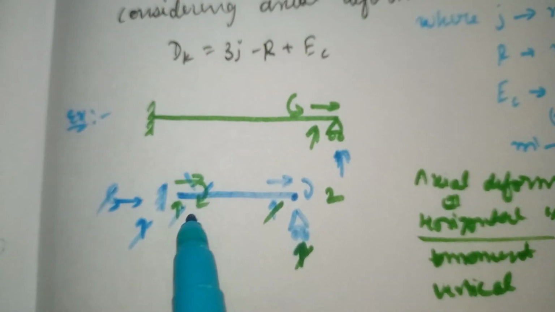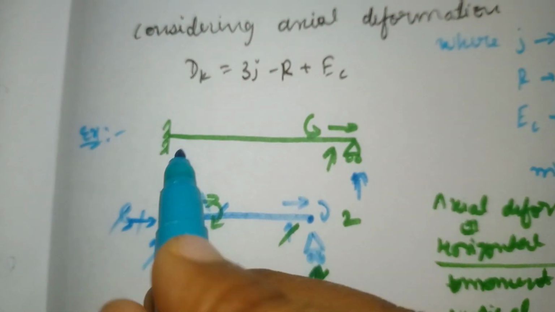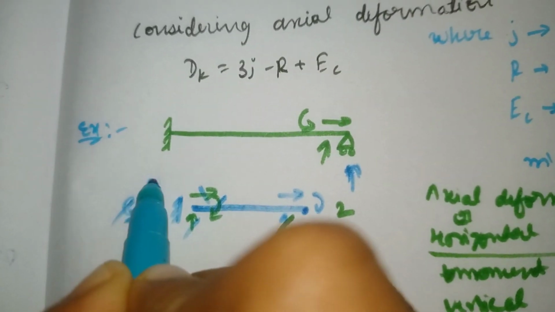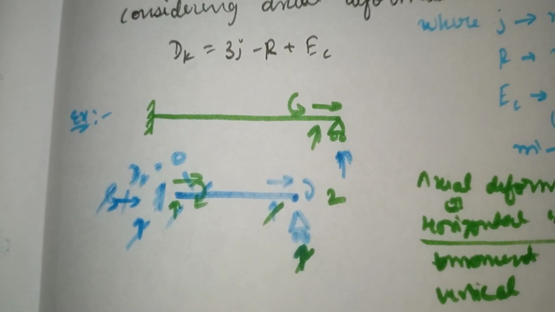So the degree of freedom at a fixed support will be 0.